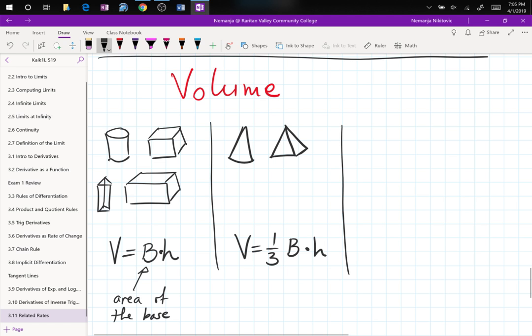So for the cone, area of the base was r squared pi, and then times the height, and because it's spiky, 1/3 in front. For the cylinder, it was the same formula without 1/3, because they both have a circle in the base, right? So spiky objects, 1/3, non-spiky object, a prism, right? No 1/3.